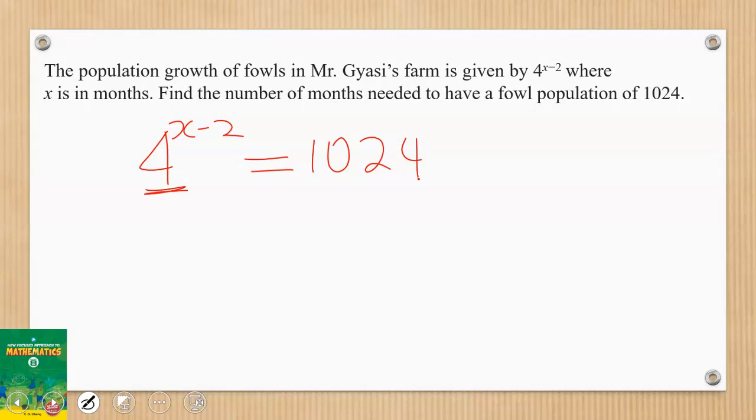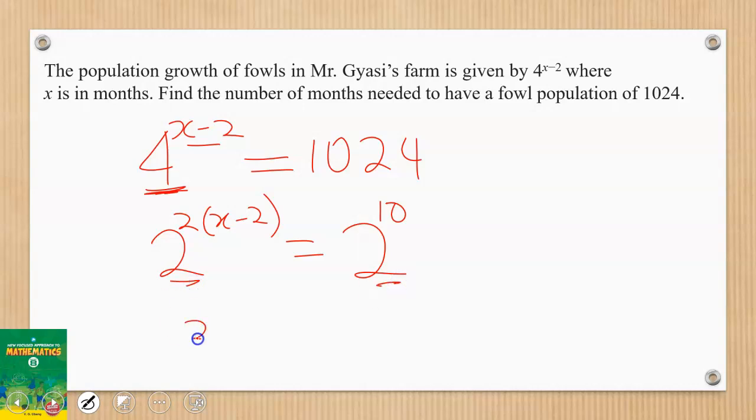Since we have 4 as the base, we can change 4 to become 2 to the power 2, then multiply by the existing exponent. Again, 1024 can be 2 to the power 10, that means 2 times 2, ten times, gives us 1024. Since the bases are now the same, I can write 2 times (x minus 2) equals 10.